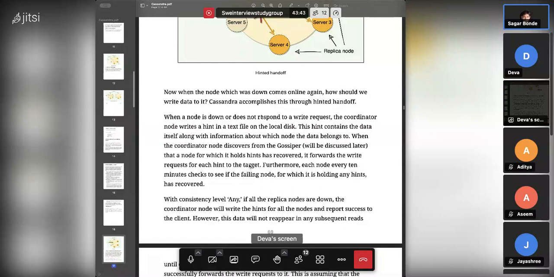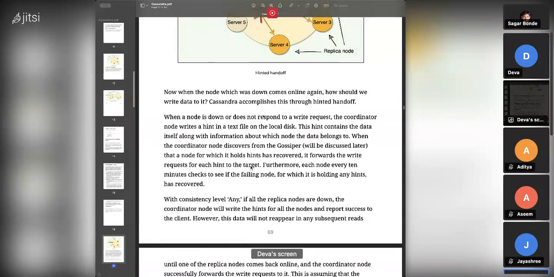Right. Then it will never be that I'm a replica and I'm down, and I ask my coordinator to send me the data that it has. When my coordinator sees I'm available, it starts the writes to the replica node. So you mean the direction will always be from coordinator to replica.